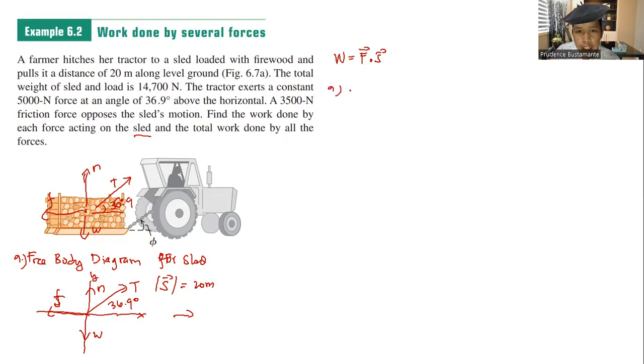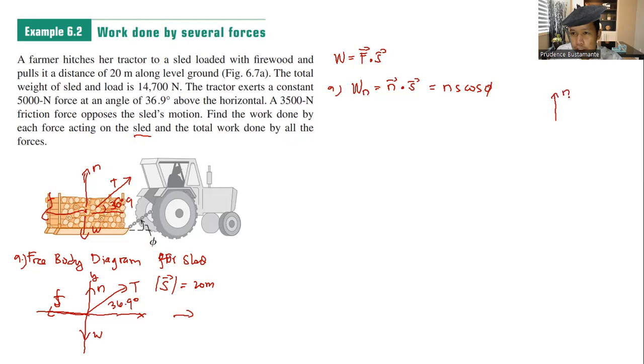The first one is the work done by the normal force. By definition, we have the normal force times the displacement, so we have N s cosine of phi. Before we answer this, let's sketch the directions.